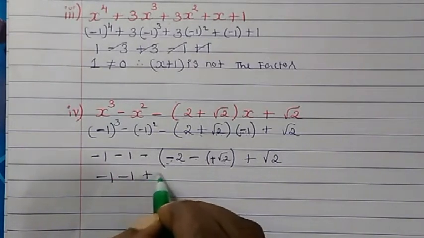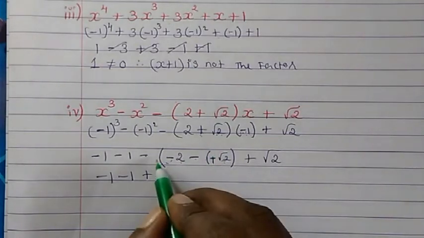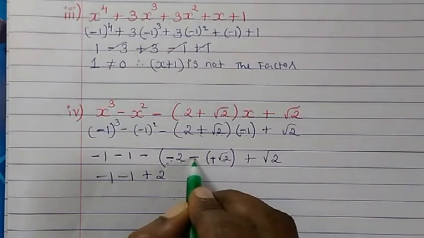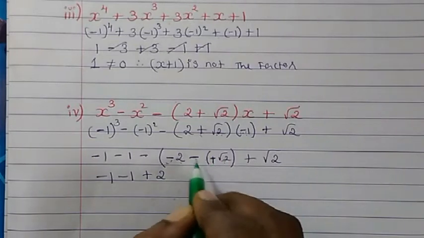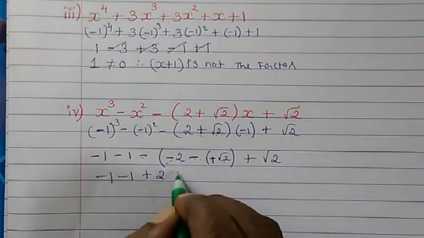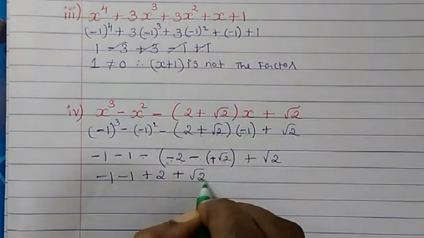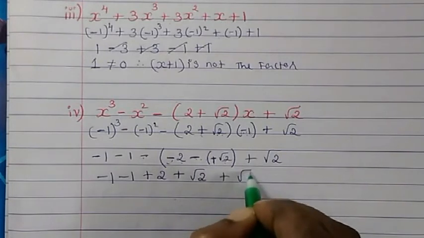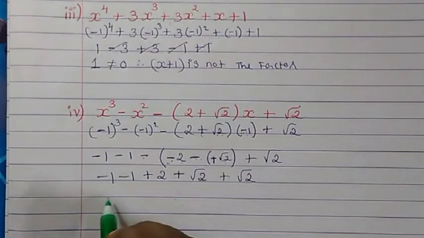Minus into minus will become plus, and then here actually plus we have, because minus into plus will be minus, then minus into minus will be plus root 2, and then this is plus root 2.